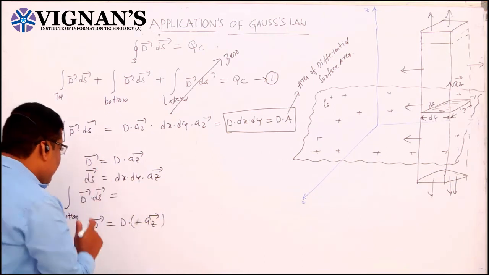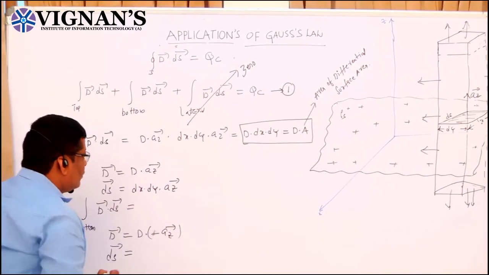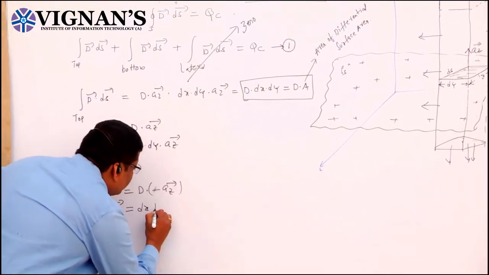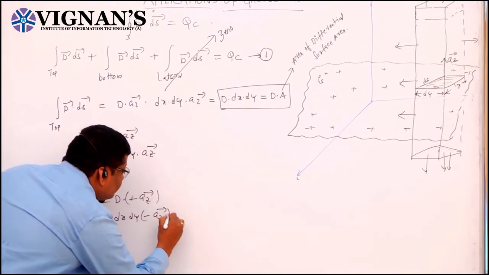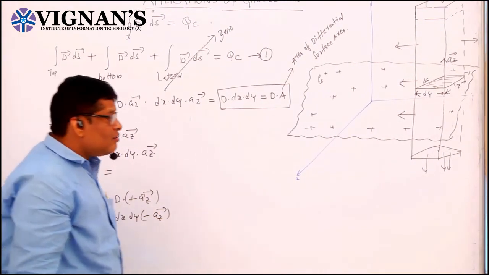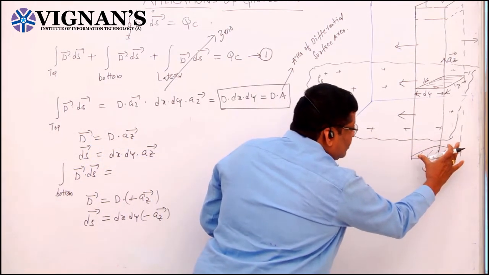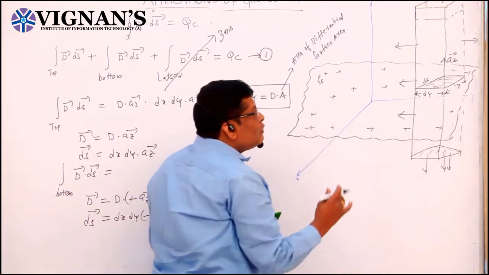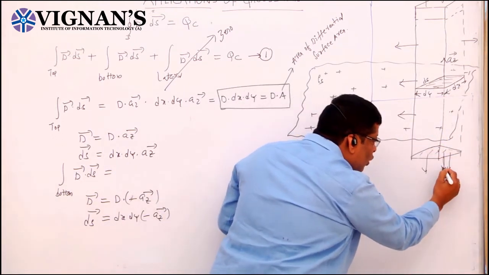In the same manner, dS bar equals dx into dy into minus az bar, because this is the surface area, dx into dy, but its direction is downwards.